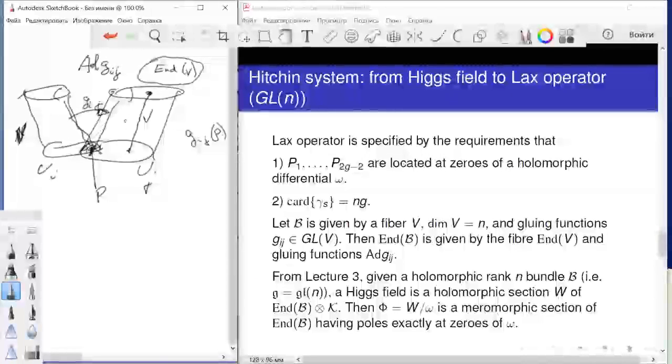This means that in these new fibers, which are spaces of operators, the gluing function takes an operator here and conjugates it by Gij, and the result is just an element of this fiber.